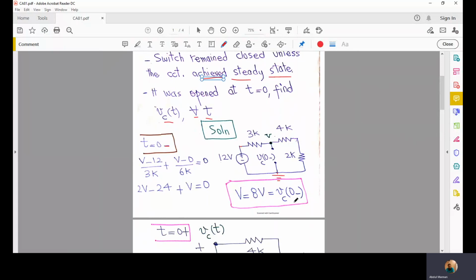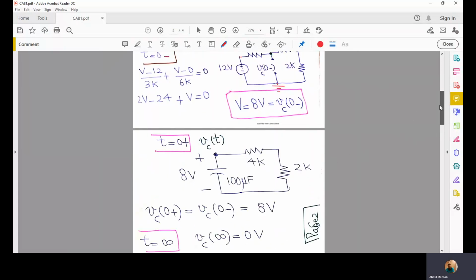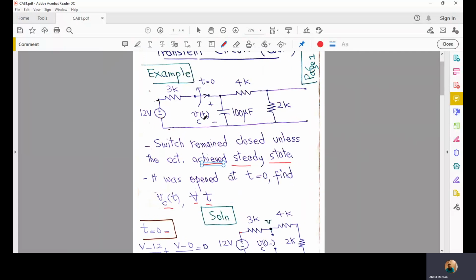This means that just before the switch was opened, the capacitor was charged at a voltage equal to 8 volts. And then what happens at time t equal to 0 plus? Time t equal to 0 plus is the time just after we have opened this switch.